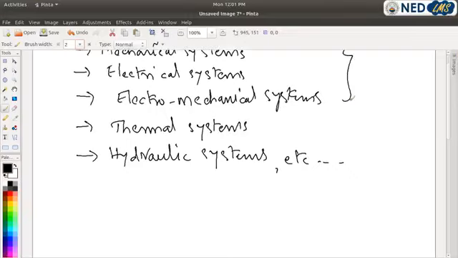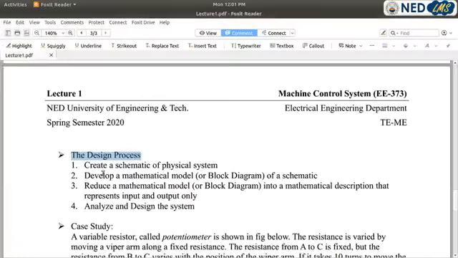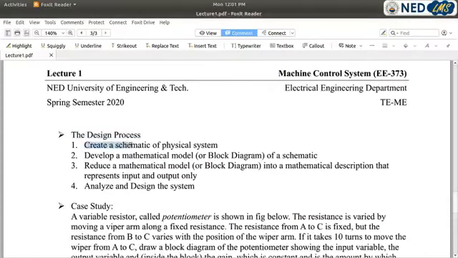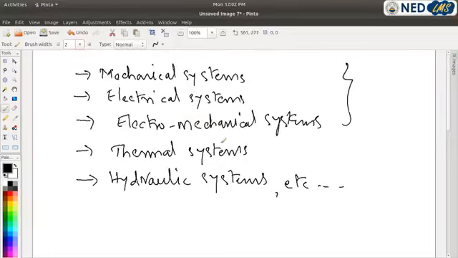The first step in the design process is to create a schematic of a physical system by observing the interconnection of basic elements of that physical system. For example, if the system is electrical, then the basic elements are resistance, capacitance, or inductance.